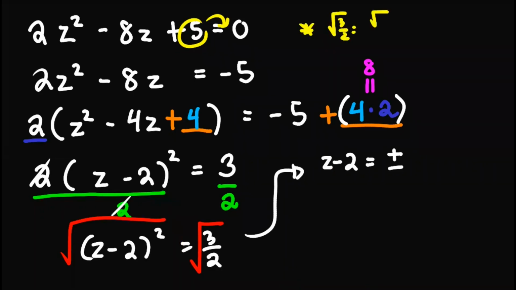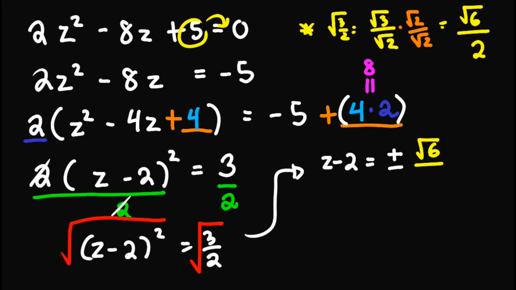It is equal to the square root of 3 over the square root of 2. Since we don't want a radical in the denominator, we multiply by square root of 2 over square root of 2. In the numerator, the square root of 3 times the square root of 2 is the square root of 6, and in the denominator, the square root of 2 times the square root of 2 is simply 2. So we have here the square root of 6 over 2.